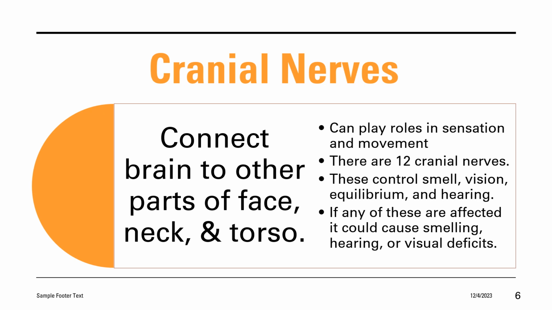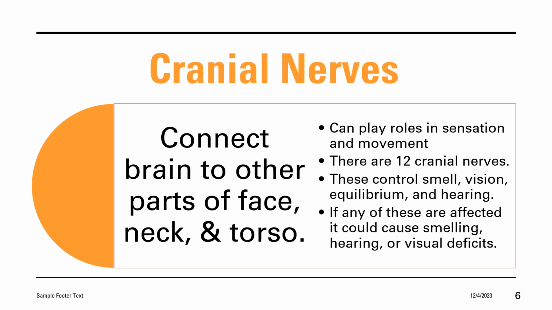Next, we'll talk about your cranial nerves. So these nerves connect the brain to other parts of the face, neck, and torso. They play a role in sensation and movement. There are actually 12 cranial nerves, and they each have a name.